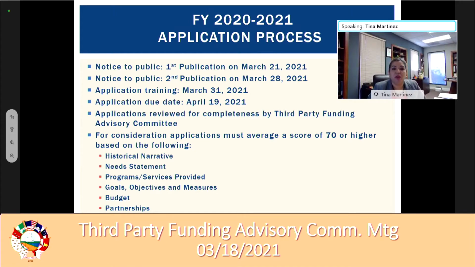Then from there, application review. The committee will be charged to review. Staff will review for completeness, then we'll present it to the committee for the committee to score and evaluate and determine allowances based on the budget that the city has given me for both applications, which are the general fund application and possibly the hotel motel application.